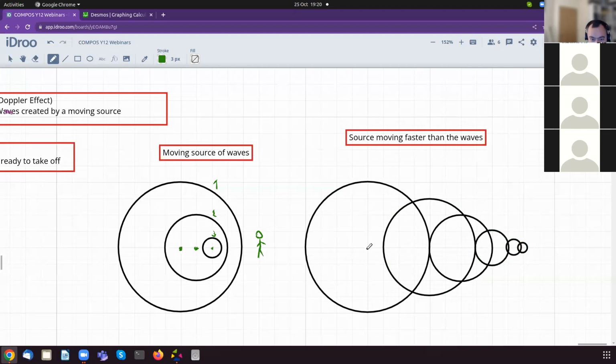When the first wave was created, the source was here. When the second wave was created, the source was already here. So it has moved, it is moving faster than the waves. And what you have is this cone, this supersonic cone.